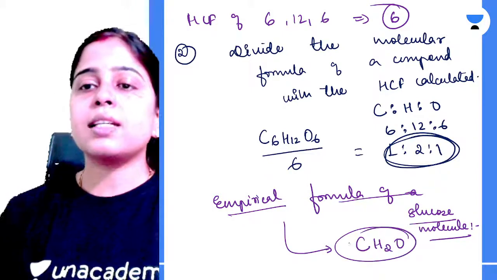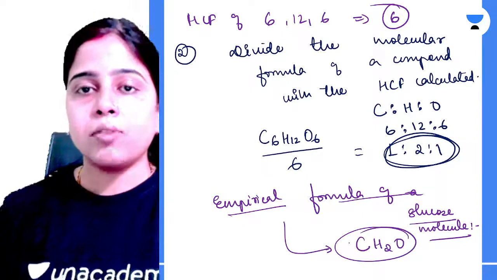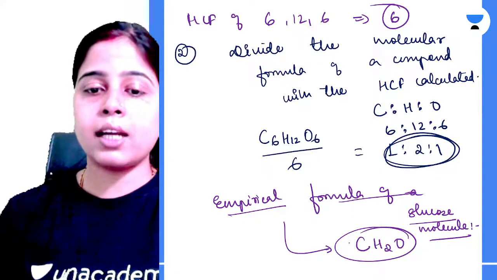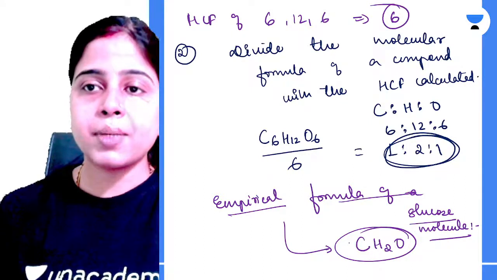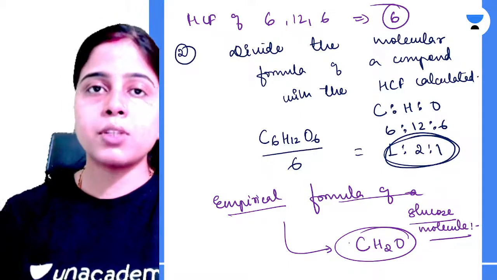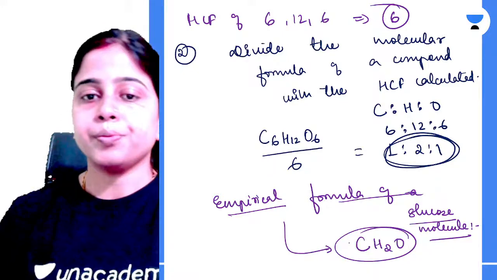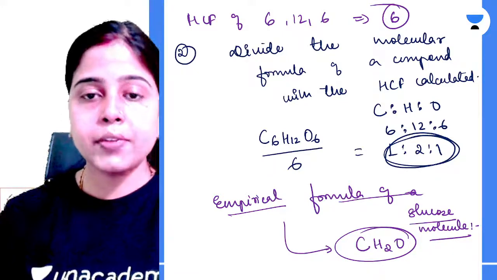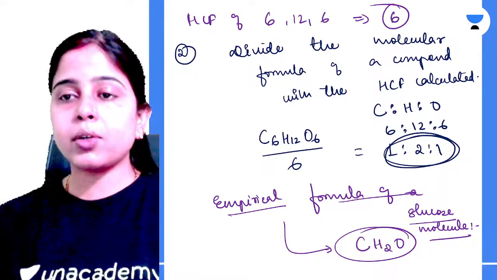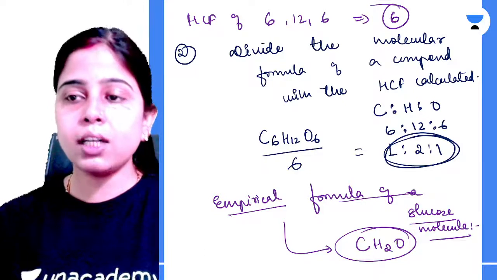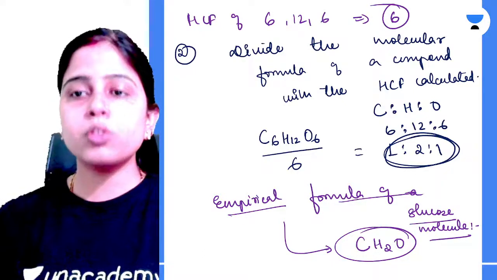CH2O. CH2O is the simplest formula of a compound, representing the simplest ratio in whole numbers of the atoms of different elements present in the molecule of the compound. Clear everyone? So you can see this is the empirical formula of the glucose molecule, CH2O.